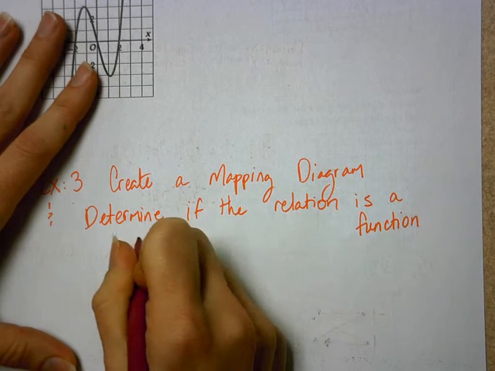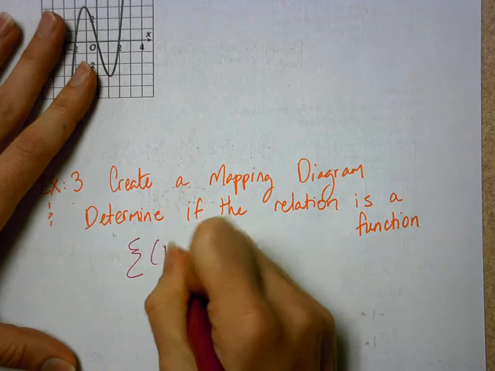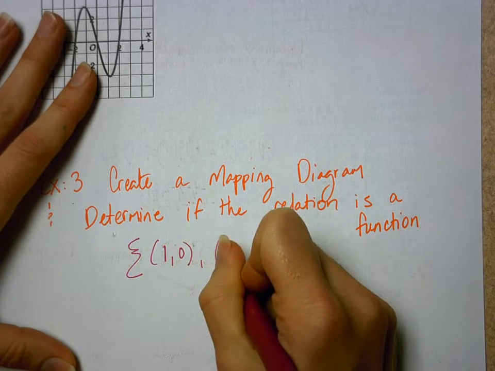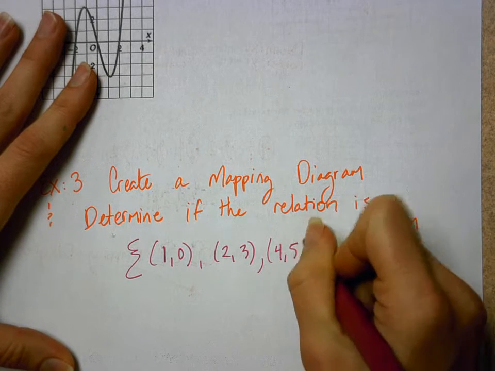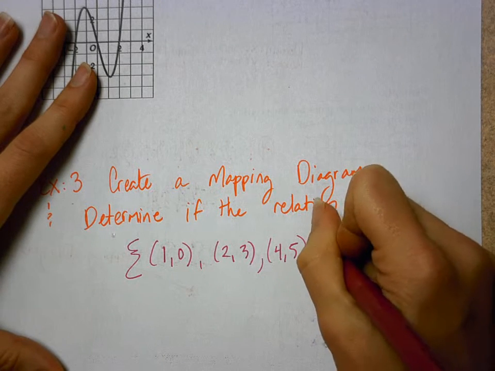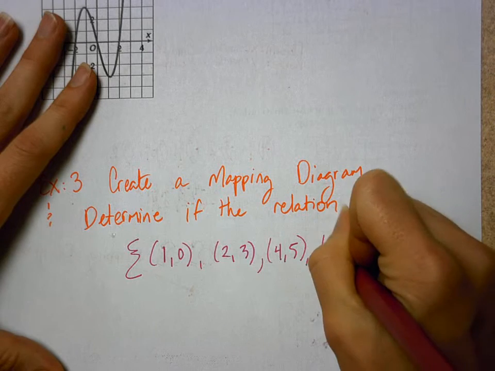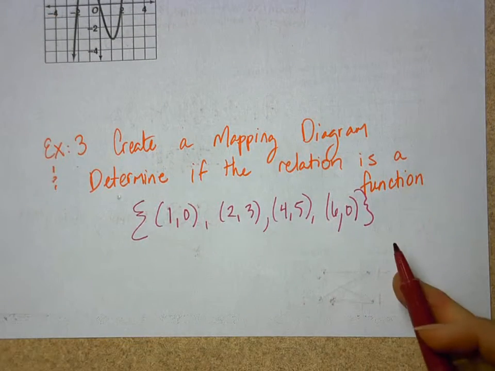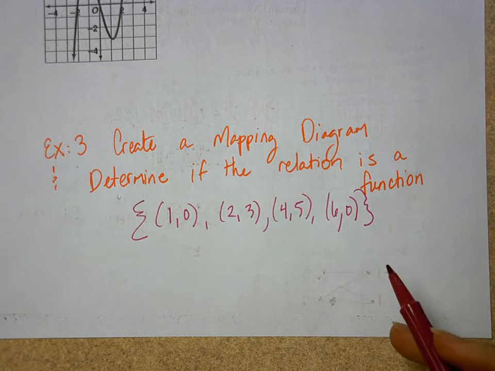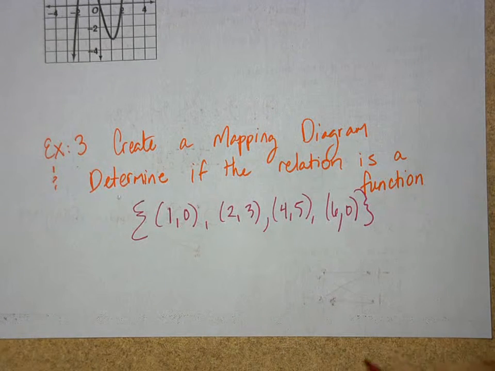Here's my relation: (1, 0), (2, 3), (4, 5), and (6, 0). Okay, so create your mapping diagram and then tell me yes or no if it's a function. And you can try that on your own and then go ahead and take a look back up here.